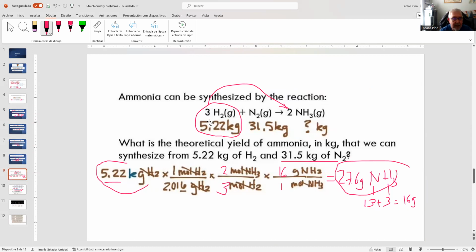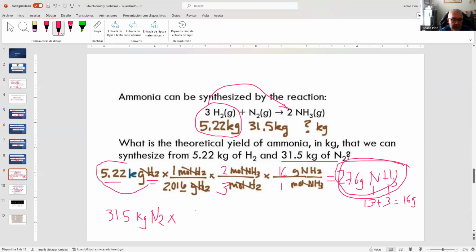Well, in this case, you have to do the calculation for one of the compounds, and you get the grams that you get from the production of, in this case, hydrogen. But later you have to do the same operation for the other compound. In this case, it's 31.5 kilograms of nitrogen.